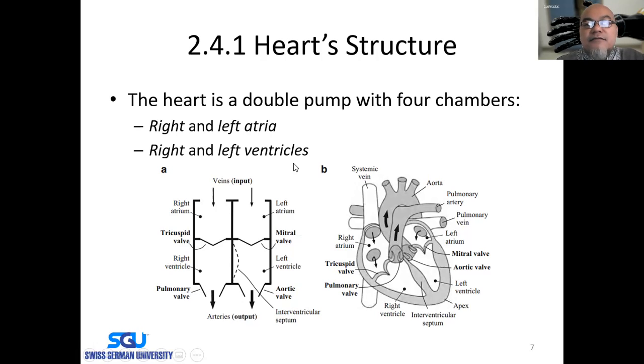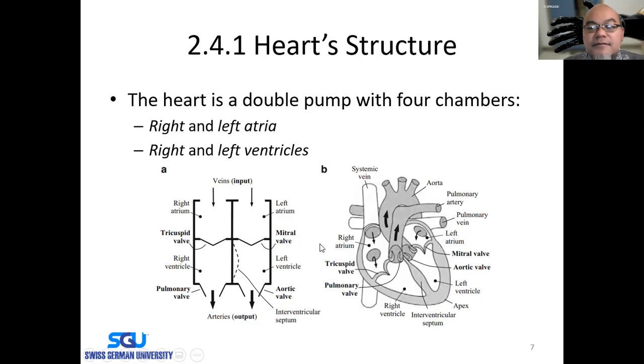Then blood from the lung, the veins from the lung containing the oxygen-rich blood, will enter into the left atrium of the heart, then goes through this mitral valve before being pumped to the rest of the body in the systemic circulation loop through this left ventricle via the aortic valve. In between the two ventricles, there is this interventricular septum.